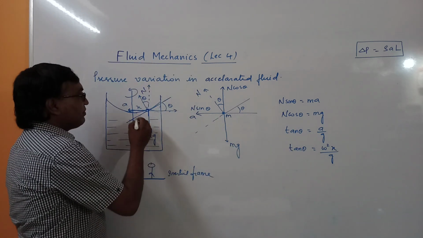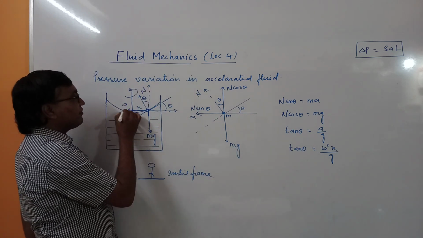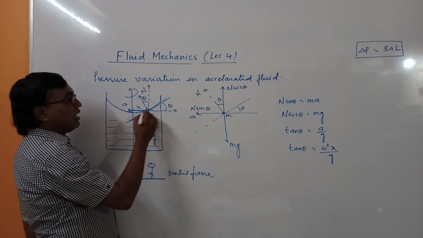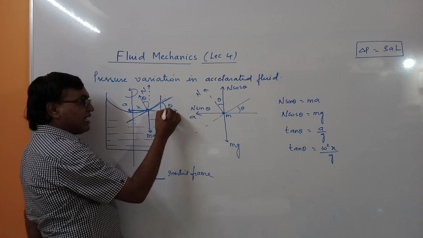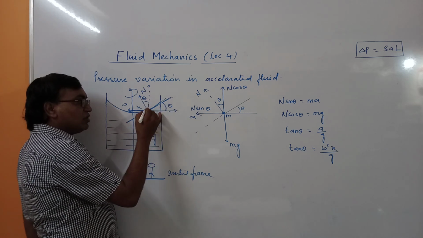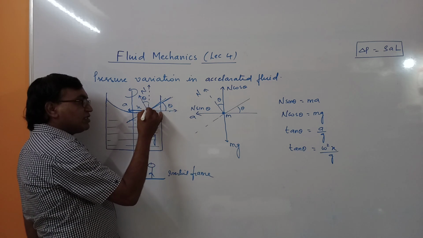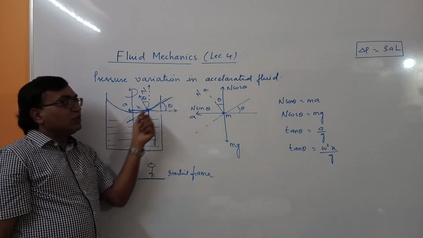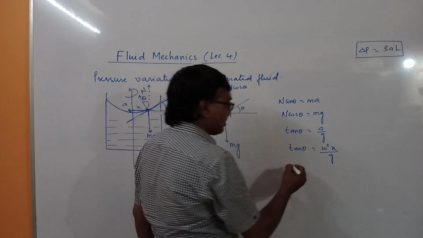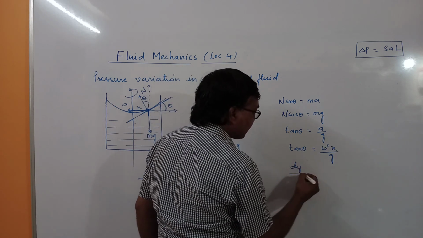So tan theta is nothing but, see here, this is the free surface of the liquid and this is a tangent drawn to the free surface. So it is making an angle theta. This is nothing but the slope at this point of the curve. So slope can be written as dy by dx.